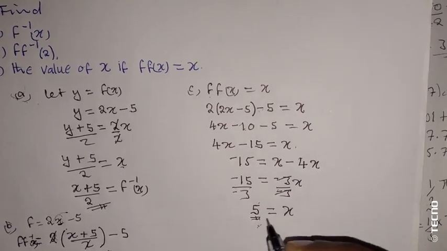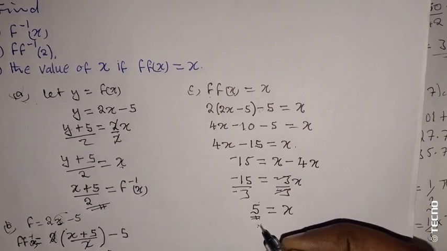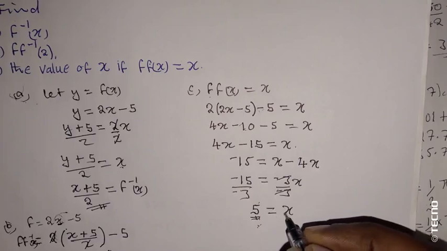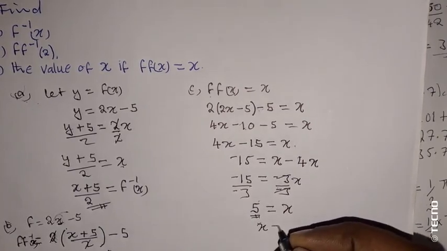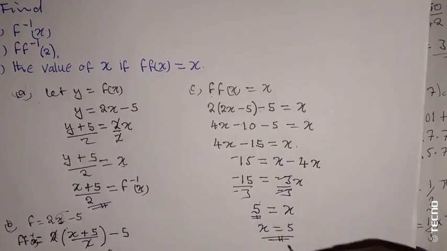Once someone expresses it like this, we think that this is not the way to write the answer. But even this, because of the equal sign, means that 5 is equal to x, or x is equal to 5. It's one and the same thing. Thank you.